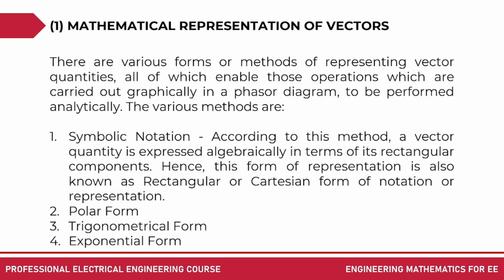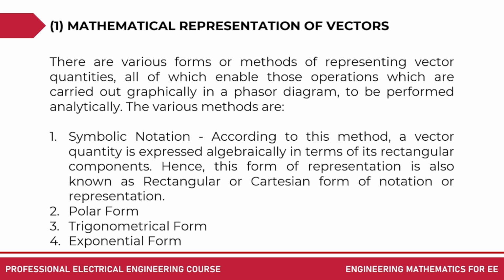There are various forms or methods of representing vector quantities, all of which enable those operations which are carried out graphically in a phasor diagram to be performed analytically. The various methods are, first, symbolic notation. According to this method, a vector quantity is expressed algebraically in terms of its rectangular components.